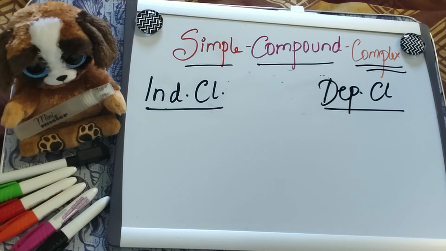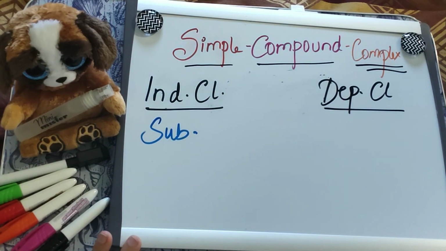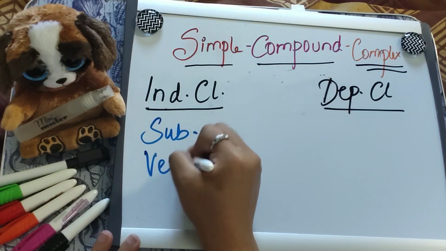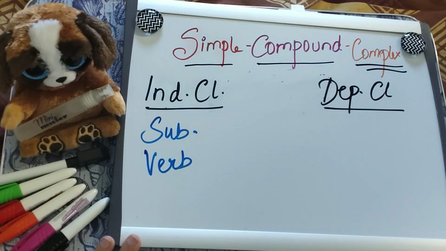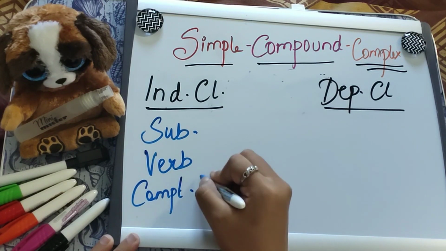So an independent clause has a subject, a verb, and a complete thought.